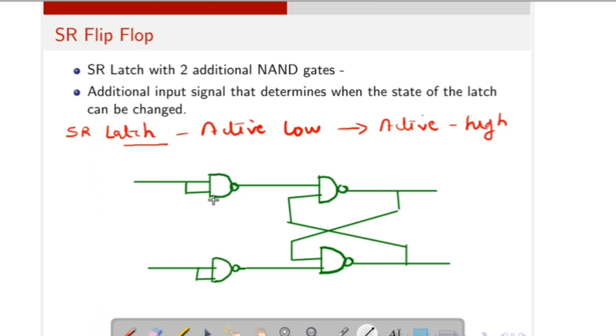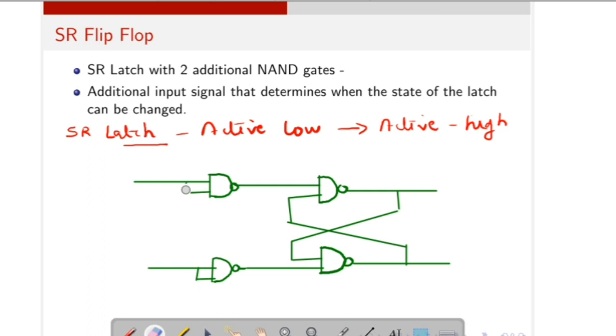Now this SR latch is converted to an SR flip-flop by providing an additional control signal. That additional control signal determines when the state of the latch can be changed depending upon the input. Here we give this additional control signal to these two NAND gates. So we can draw the circuit.